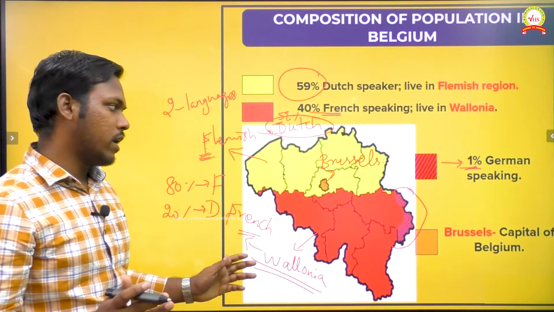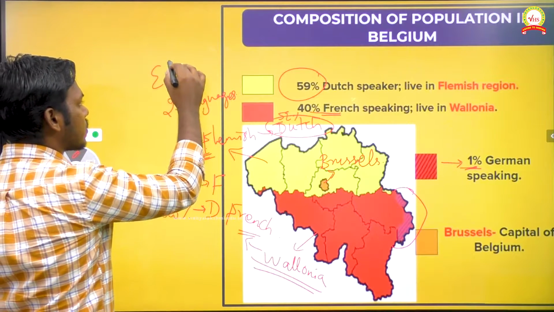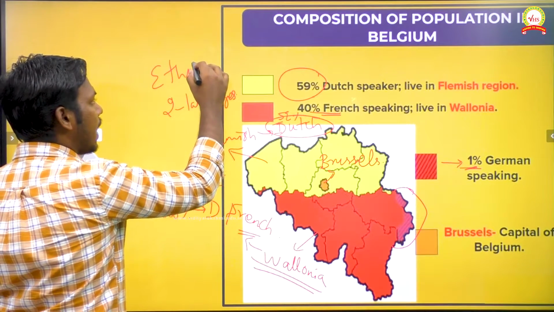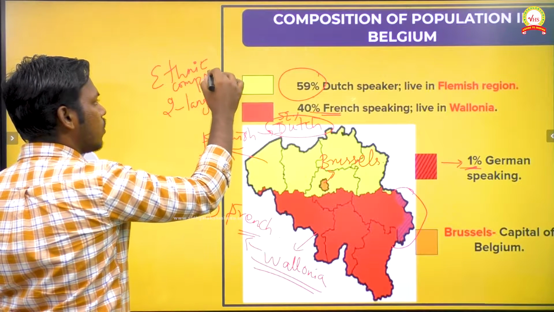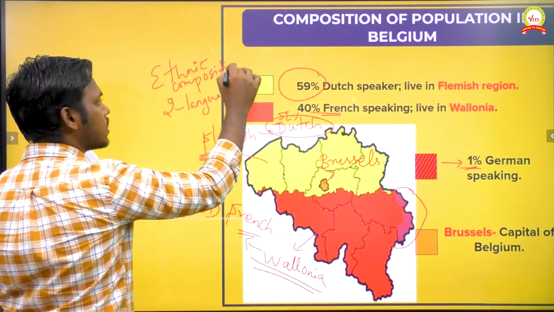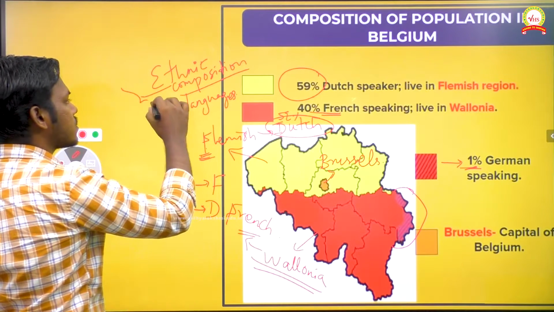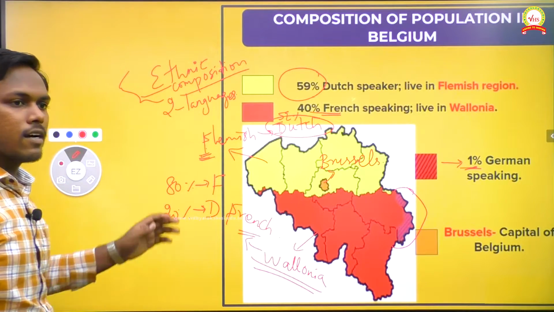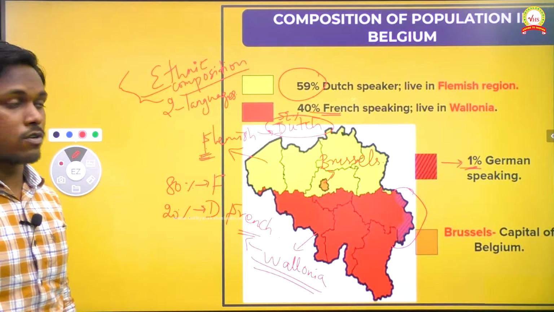Clear? So when we hear the word ethnic composition, composition, as we know, deals with the occurrence. Ethnic is quite a common and at the same time very important term that you should know.